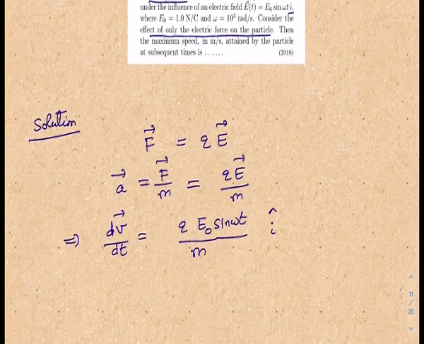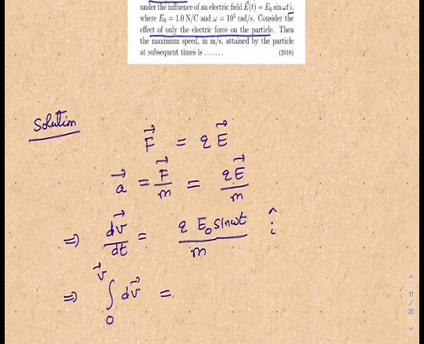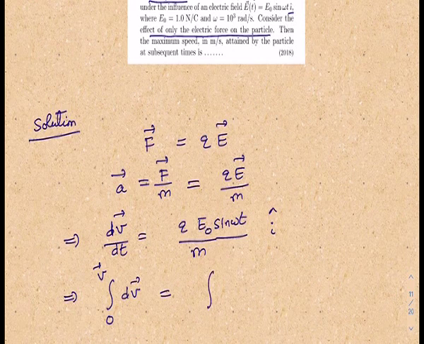So you have to integrate it to find out the velocity. Suppose initially the particle is at rest, so v goes from 0 to some velocity v, dv, and you have to do the integration from time t equal to 0 to some time t.